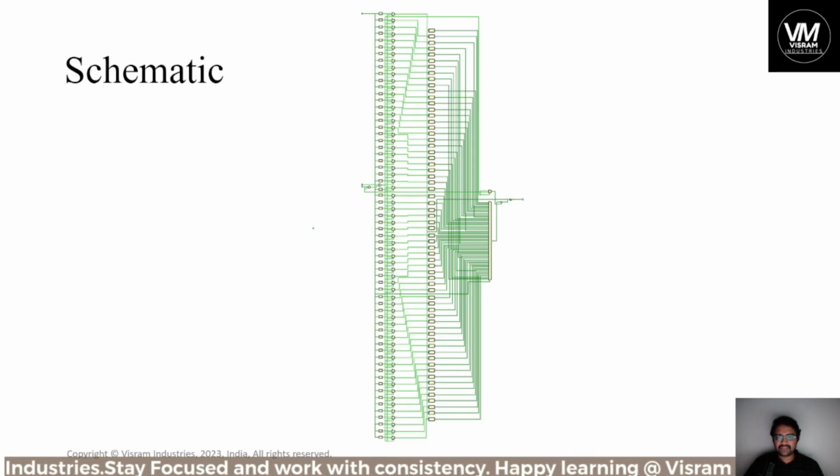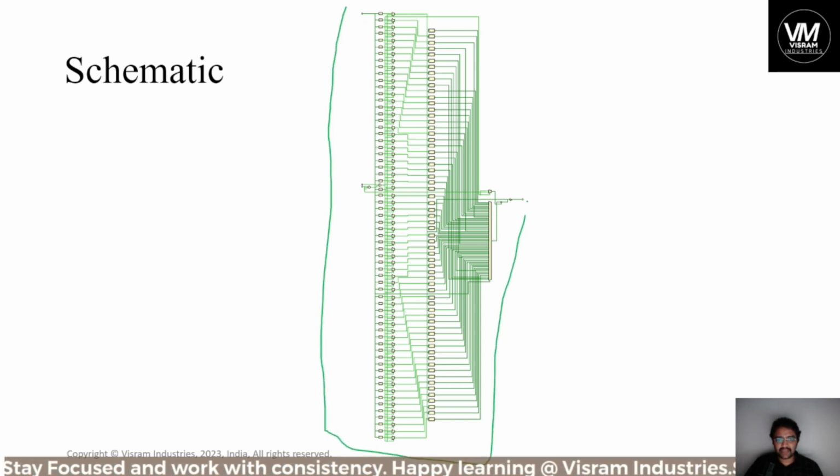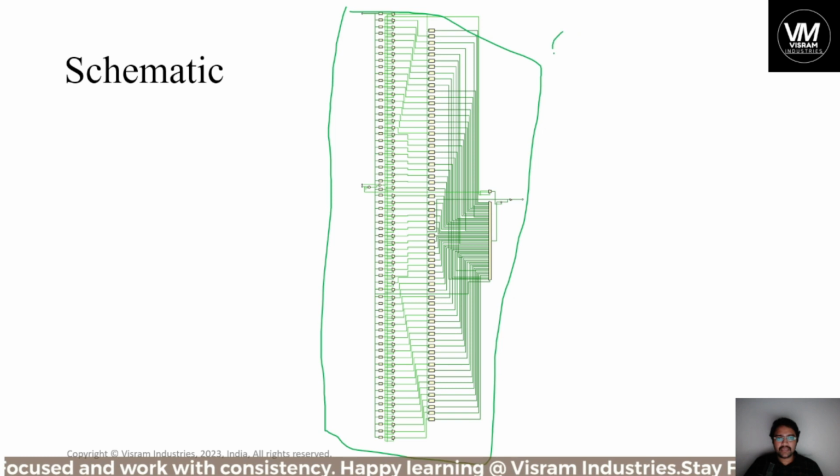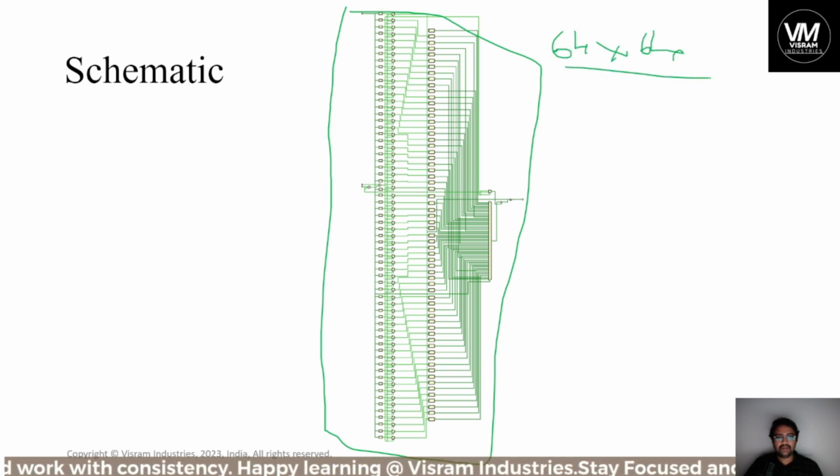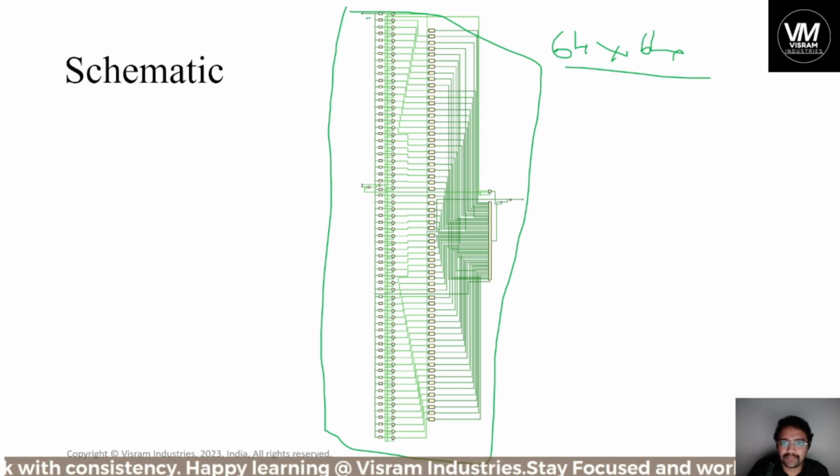And now let us go to the memory design. This is how memory implementation is happening in the 64 by 64 memories. So each selection is one register here.